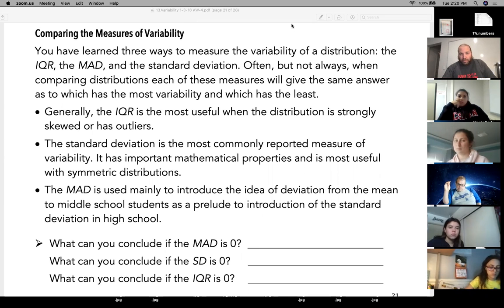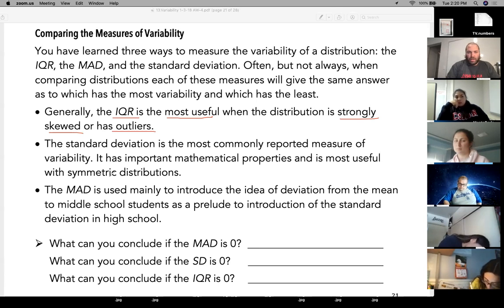Generally, the IQR is the most useful when the distribution is strongly skewed or has outliers. If the distribution is strongly skewed or has outliers, then you want to use the IQR as your measure of variability. The standard deviation is the most commonly reported measure.